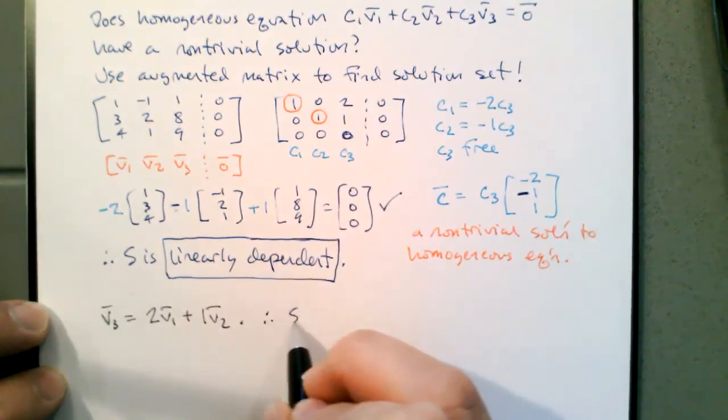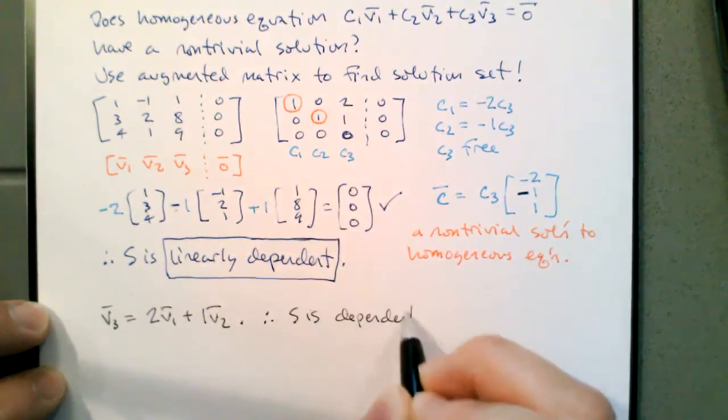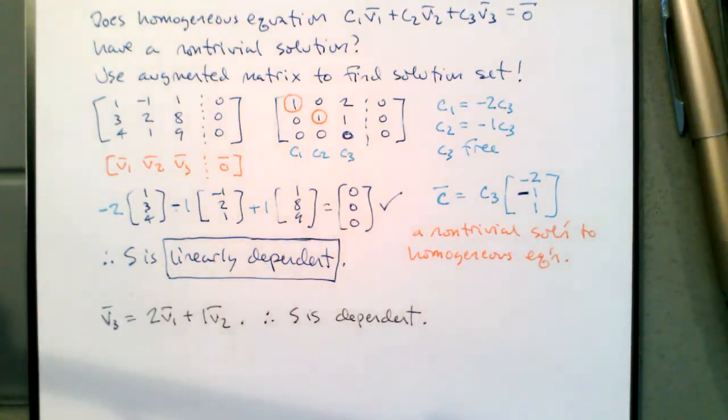Therefore, S is dependent. One of the vectors is a linear combination of the other vectors, and we explicitly state what that combination is. One of the vectors is a linear combination of the others, therefore dependent.